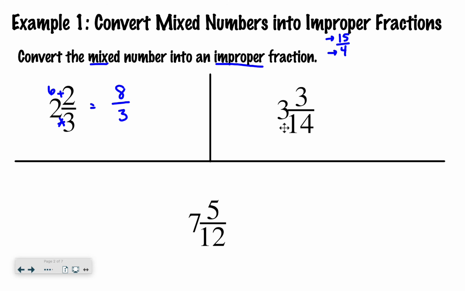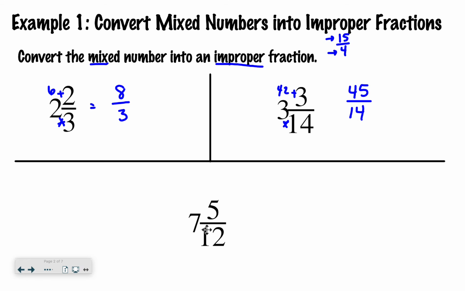Okay, so then if I were to do this next one, I would say 14 times 3, which is 42. And then 42 plus 3, which is 45, over, and then I keep the denominator of my fraction. So my improper fraction would be 45/14. Okay, let's try another one.